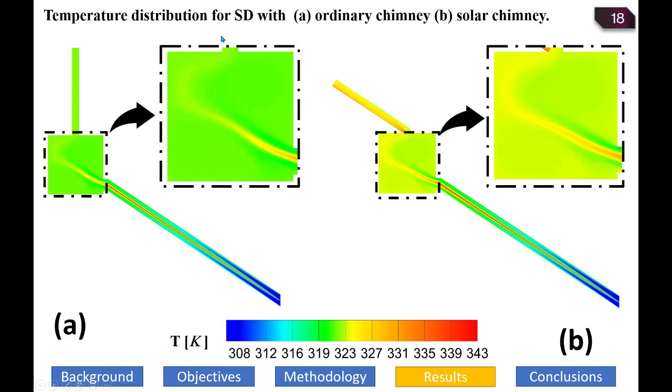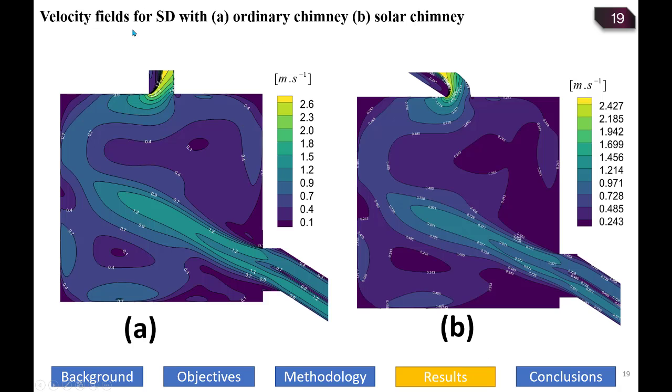By presenting the temperature distribution inside both drying chambers, it is observed that the maximum drying temperature was 326 for this design and 319 for the original design. These are the velocity fields for both solar dryer designs. We can observe that in the solar dryer with ordinary chimney, the velocity ranged between 0.1 and 2.6.